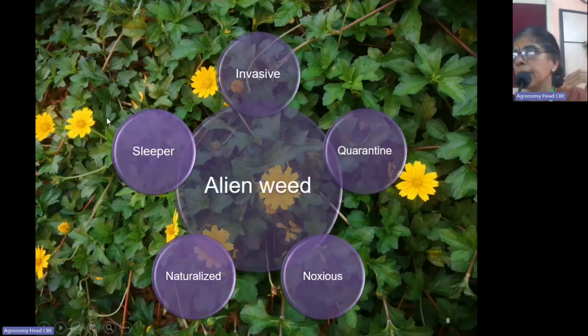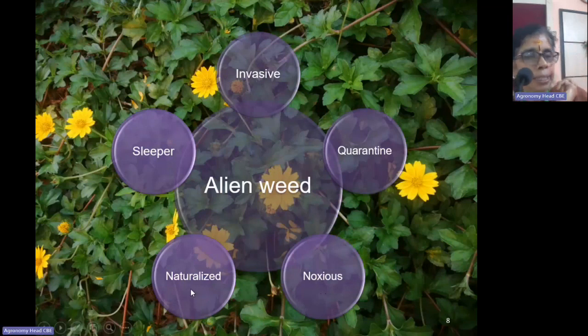If some quarantine weeds are detected, that consignment is not valid and will not be permitted to enter the country. Then some of the alien weeds are designated as noxious weeds. Noxious weeds are weeds that have economic implications and cause human health issues, and Parthenium is a major noxious weed, declared as such in India.